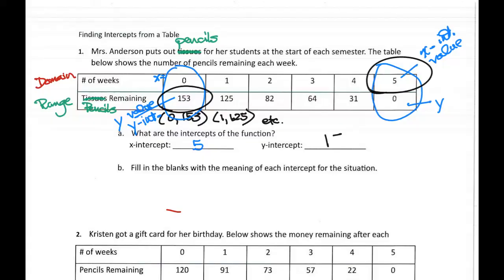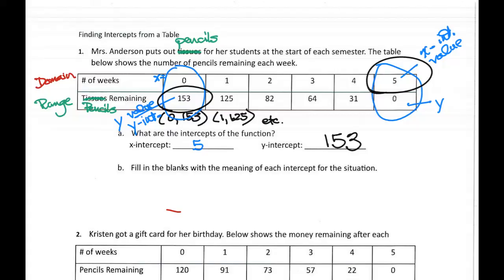So that is 153. Questions on that? So you've got to look and find, where do I have a pair with a 0? Okay, those are your intercepts.